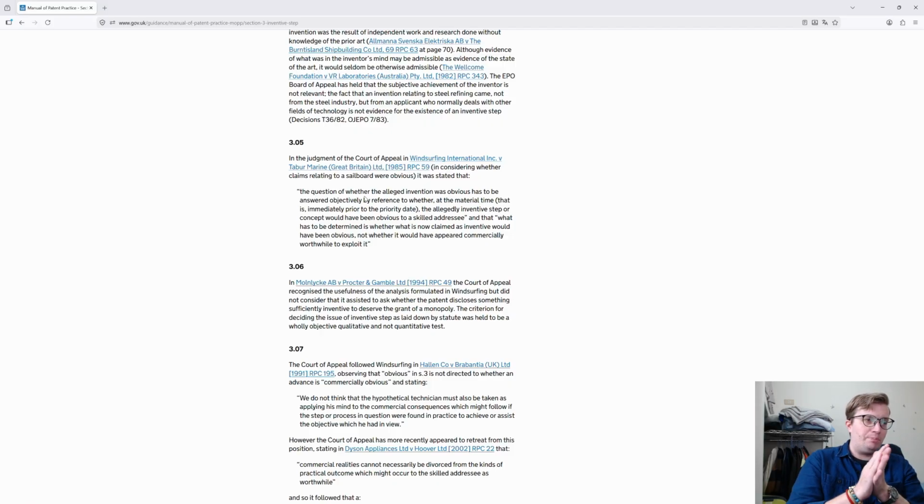I prefer the UK approach because that's what I was trained on. But we are going to look at how the EPO decides this as well, and how the US decides this. But I think it's good to start with the UK approach because I think it's a little bit easier to follow, and it's a little bit more logical in its implementation, right?